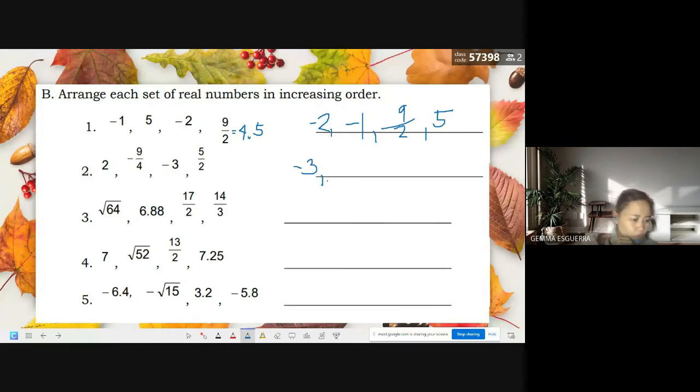Yes, very good. So, Rainier. Tingnan nga natin. The answer should be negative 3. Negative 9 over 4. Wala pa akong nakikitang tamang sagot.